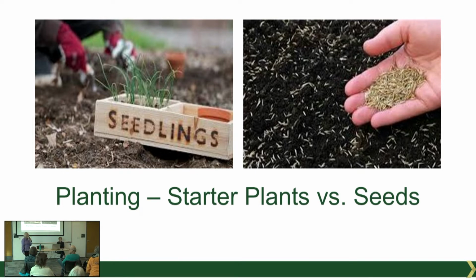So that's not a taproot type tree? It does have a taproot, but how long down does it go? I don't know. All trees, regardless of the tree, put roots out 3 times the height of the tree. So if your tree is 10 foot tall, it's got roots out 30 feet from it. They're taking up nutrients and water.